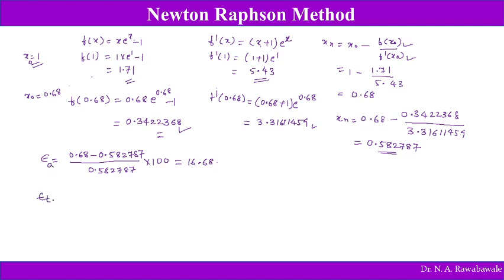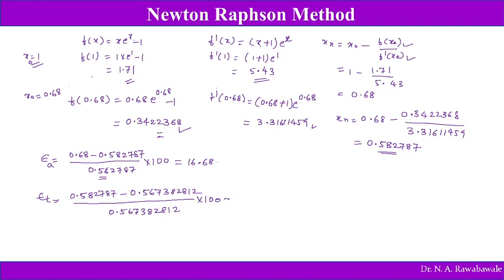Then true error we want to find out. True value we know. True value is given as 0.5673 and this approximation is 0.58. So 0.582787 minus the true value of this root, 0.567382, whole divided by, again, the true value 0.567382812, into 100.